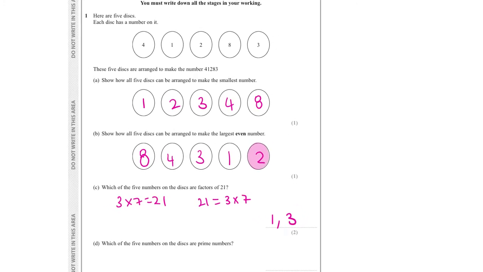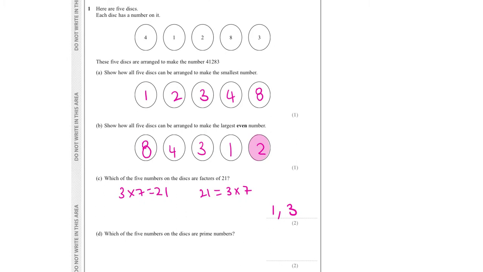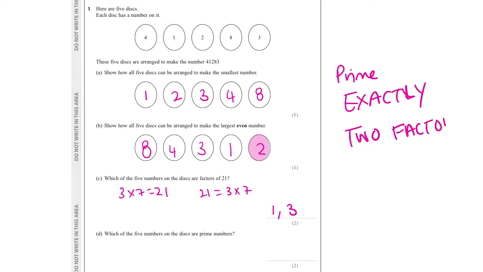Okay, next. Part D, the 5 numbers on the disc, which ones are prime? What do we know about prime numbers? Prime numbers have exactly 2 factors. Exactly 2 factors.